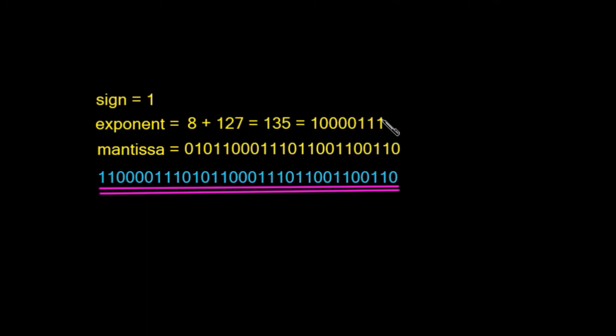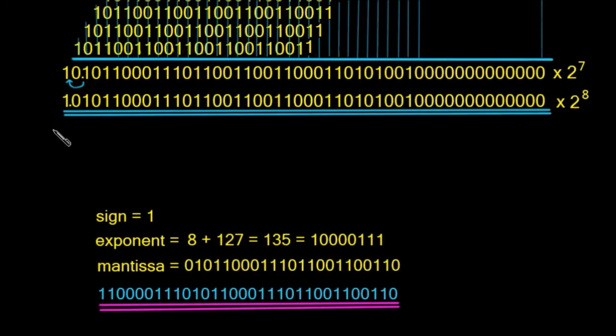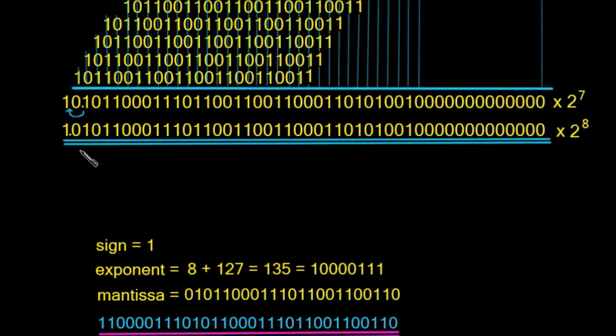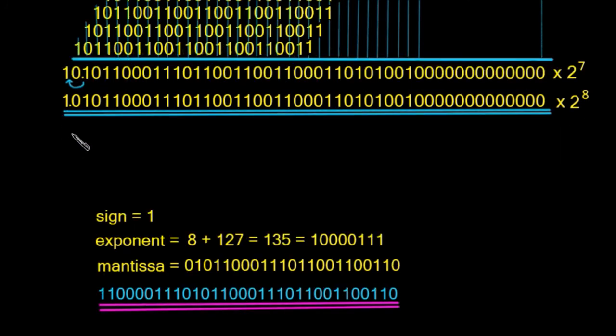So now we've got to find the Mantissa. So let's head up here again and have another look at this. Now we know the Mantissa starts after the first decimal point. So after this decimal point here, we're going to count 23 digits. So it's going to start off 01011, and you can see that's what we've got down here, 01011.